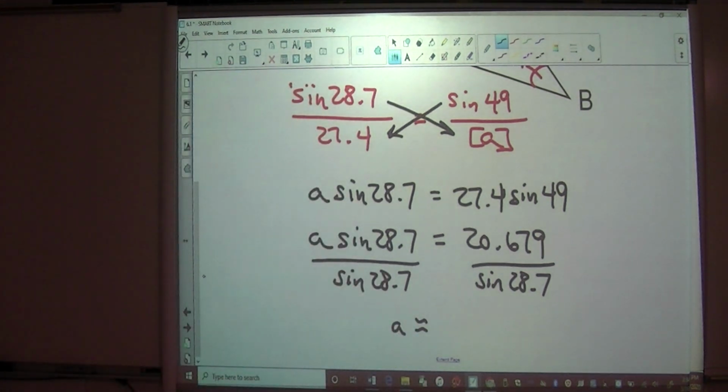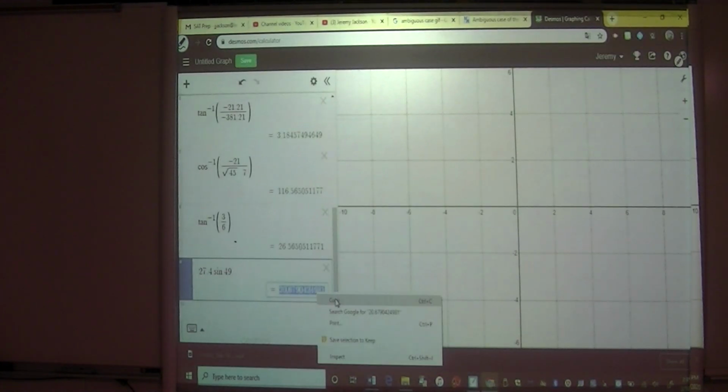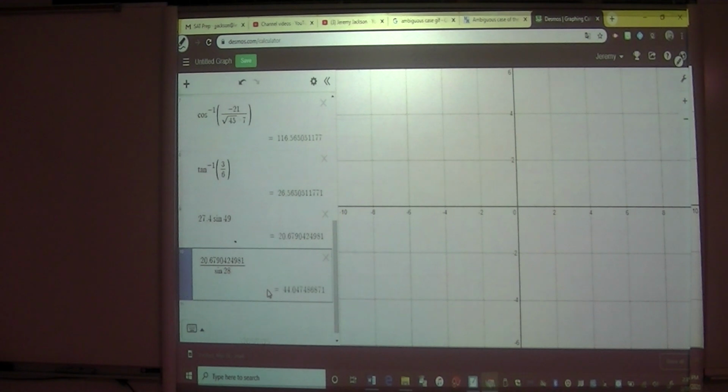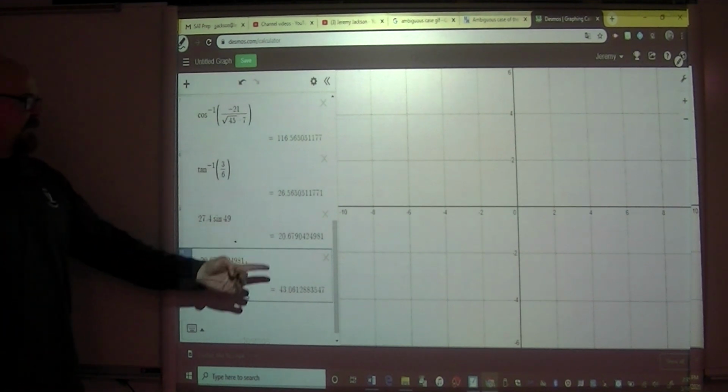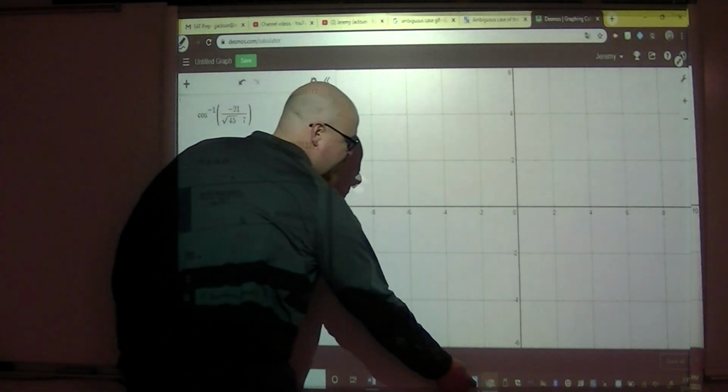So if we take that, now again, the nice thing about Desmos is I can take this, copy it down here, and then divide by the sine of, was it 28.7? Is that right? Let's see. 28.7. Okay, so even though I rounded it on my paper, I don't have to round it here on the calculator. I get 43.061.